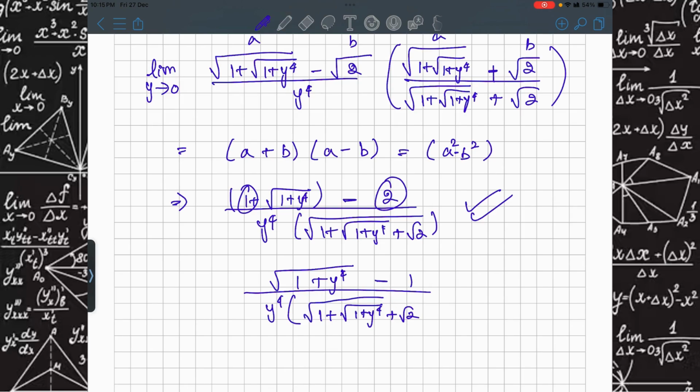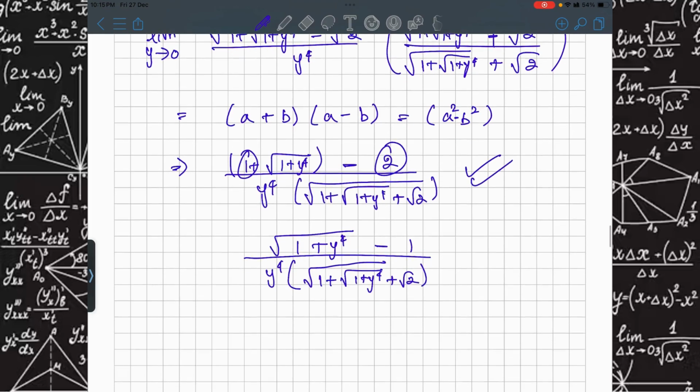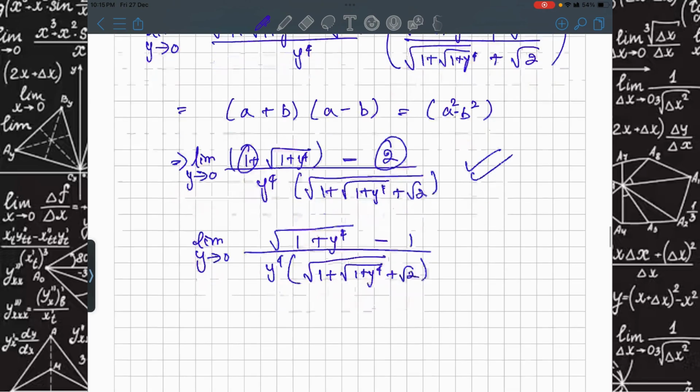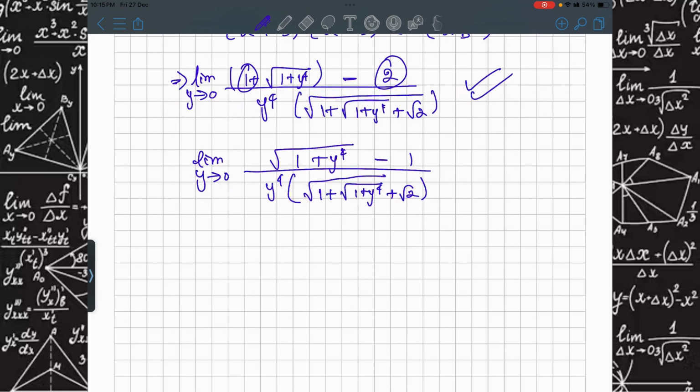This is still this only, and root 2 is a separate entity. And always remember that these are in limits only: limit y tends to 0, and again here limit y tends to 0. Now let's eliminate this root in the numerator, and then simplify it once again.